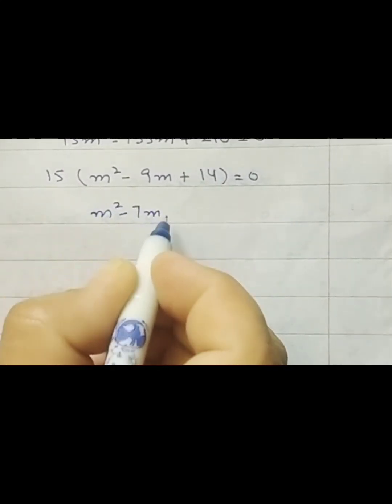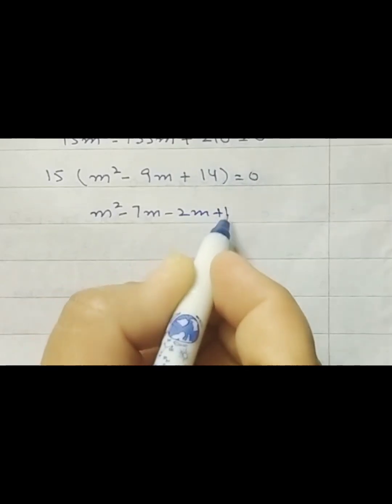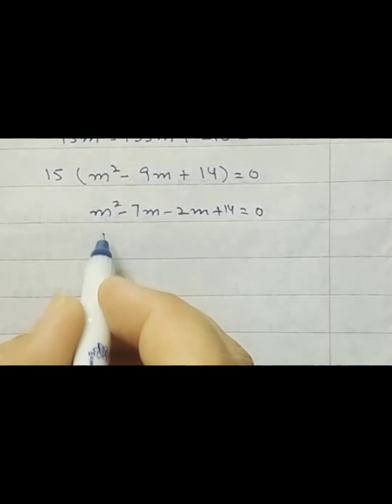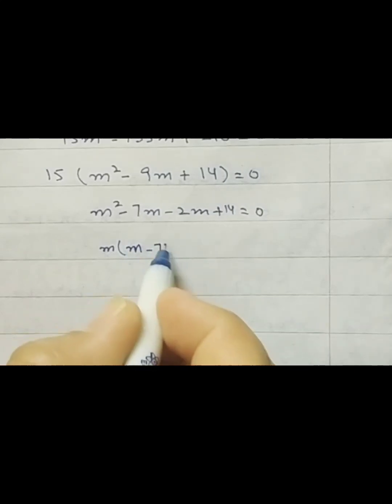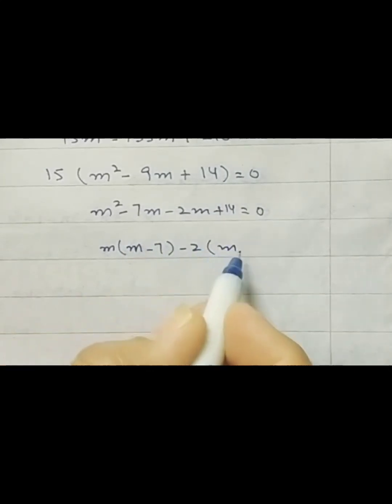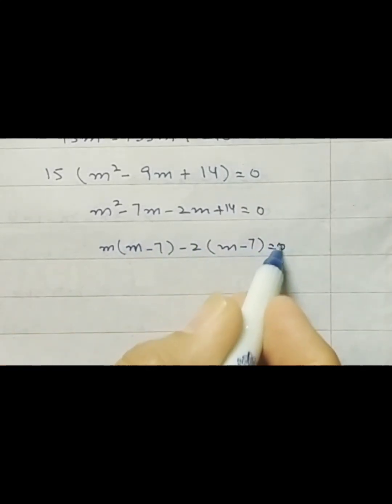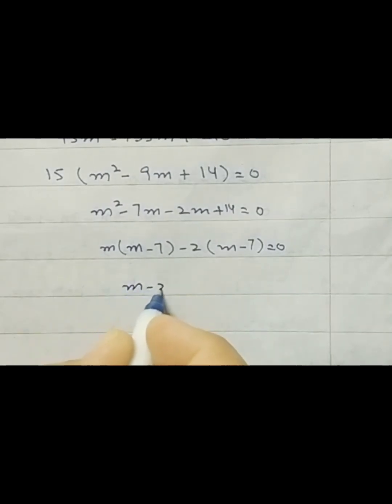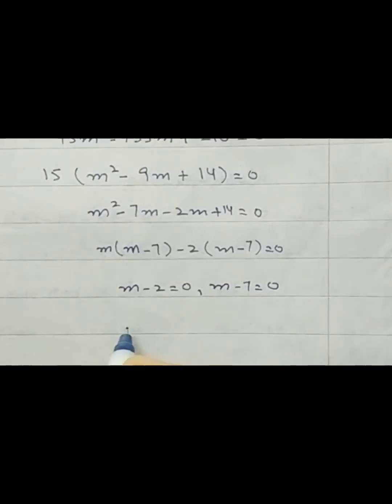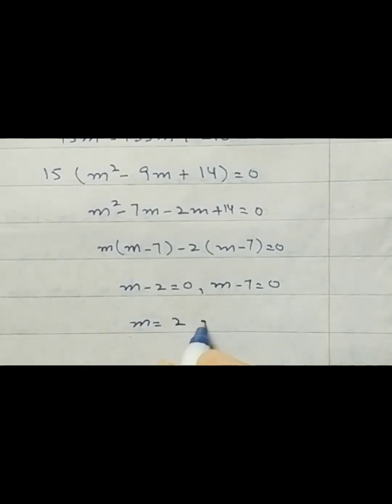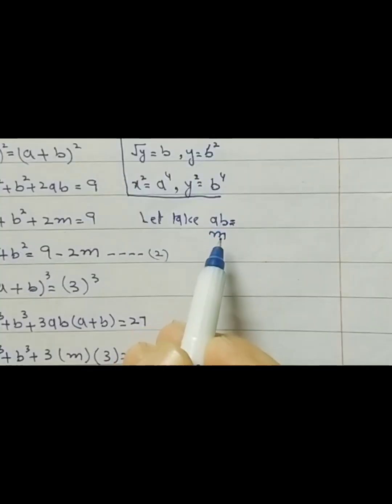m^2, the factors of 9m will be minus 7m and minus 2m. m is common and the remaining are m minus 7, minus 2 is common and m minus 7 is equal to 0. So m minus 2 is equal to 0 and m minus 7 is also equal to 0. m is equal to positive 2 and m is equal to 7.